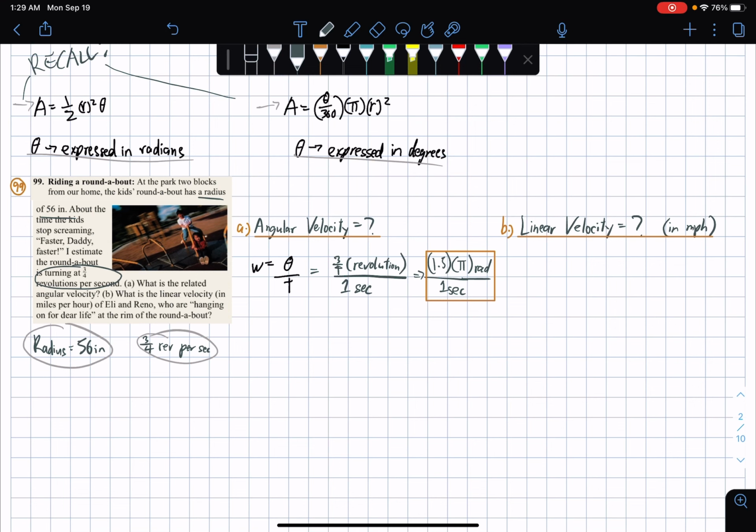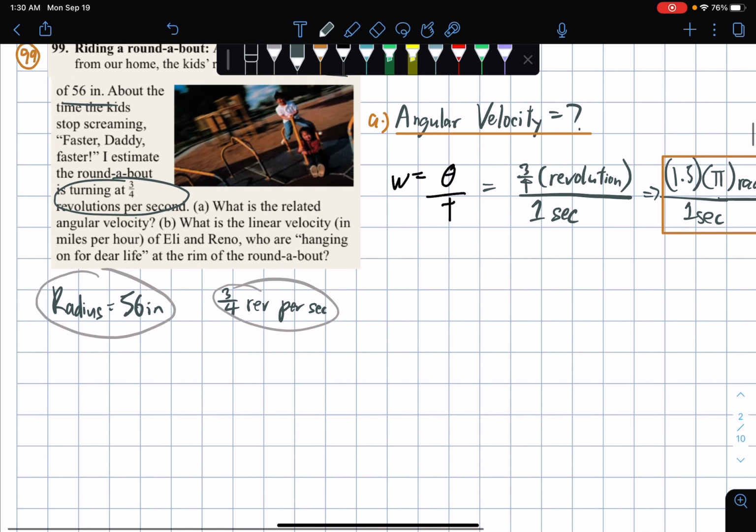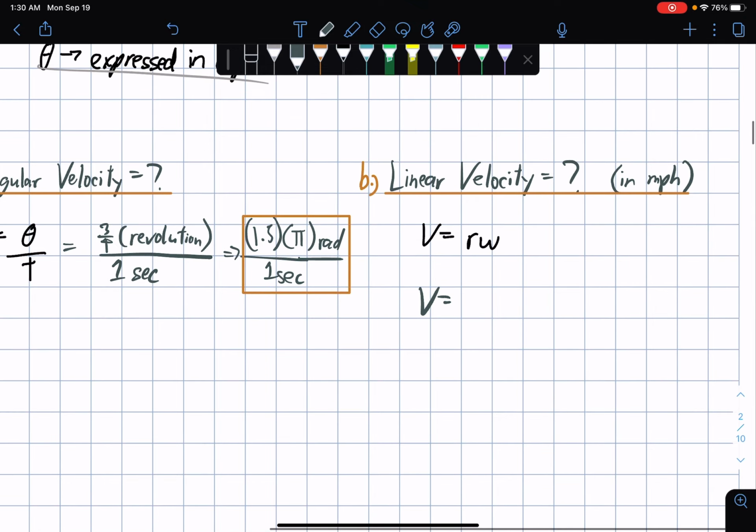Right, for finding the linear velocity in miles per hour, linear velocity v is equal to rw. So in linear velocity is radius. What's our radius? 56 inches.